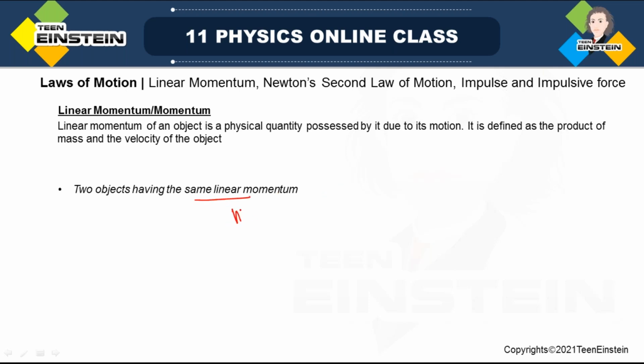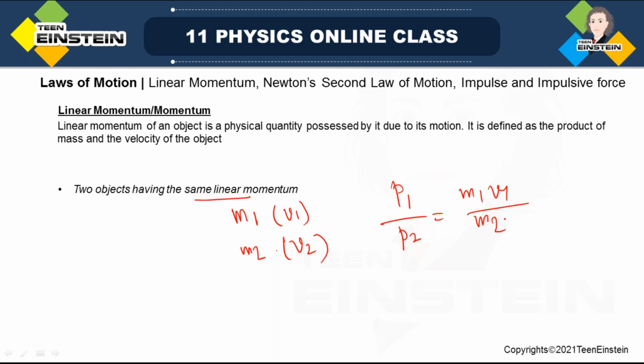Same linear momentum, suppose I have two masses m1 and m2. Okay, different masses. So this is moving with v1, this is moving with v2. So I can take the ratio like this: m1 v1 divided by m2 v2.